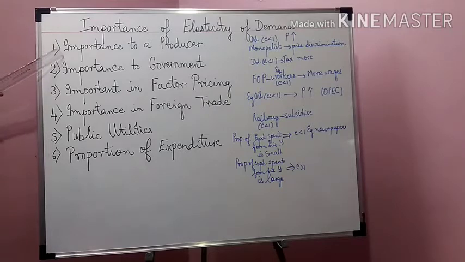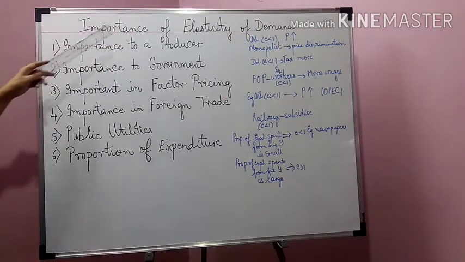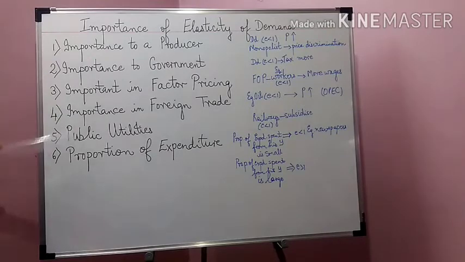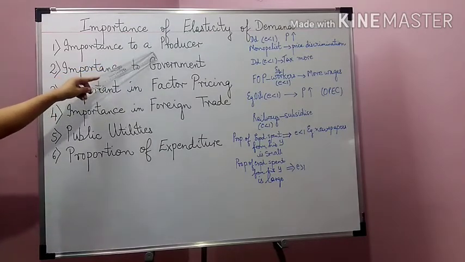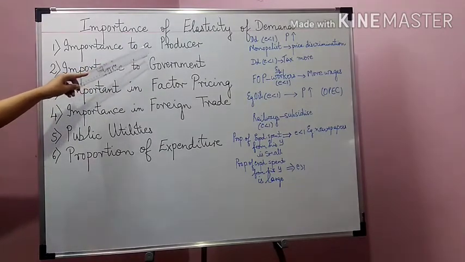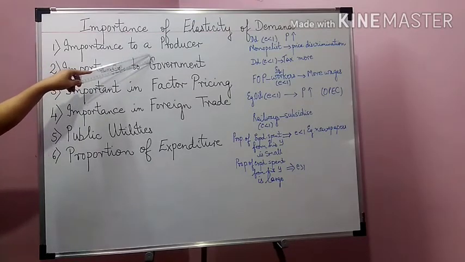So these are the areas where elasticity of demand is important. Let us just have a quick revision of all these points once again. Elasticity of demand is important to a producer. The producer has to fix the price for the product that he has to sell.